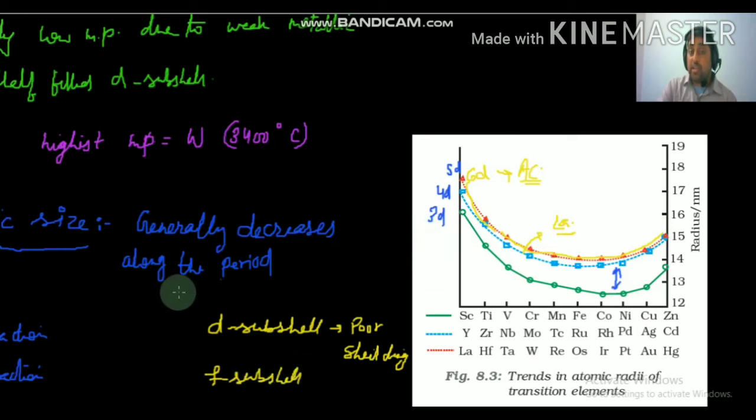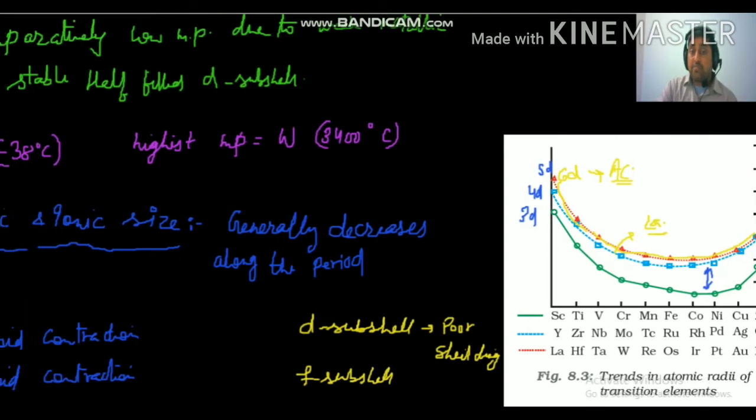Now see, in transition elements, if this is the nucleus, this is n minus 1 and this is the n subshell.